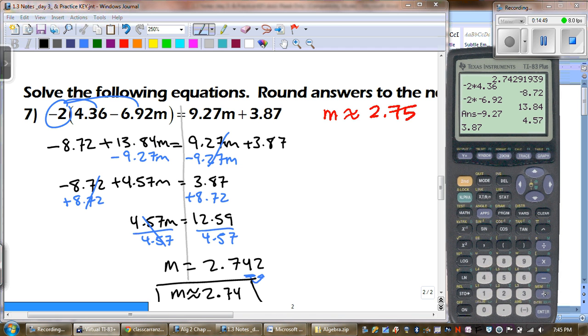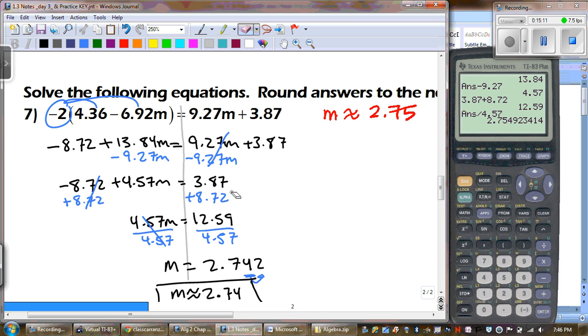3.87 plus 8.72 gives us 12.59. So we're doing all that right, guys. And divided by 4.57. No, did I just write down the wrong thing? Maybe Mr. Grice made a mistake somewhere. What did I do? Who knows? Everything looks right, doesn't it?